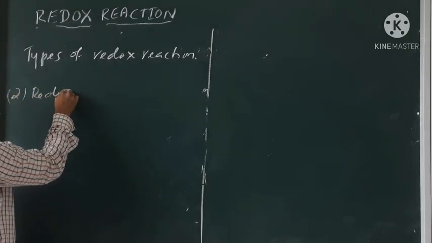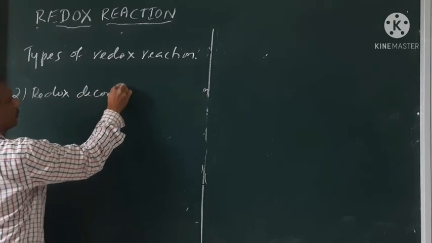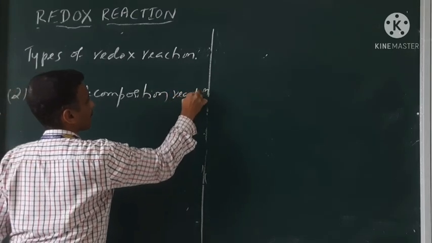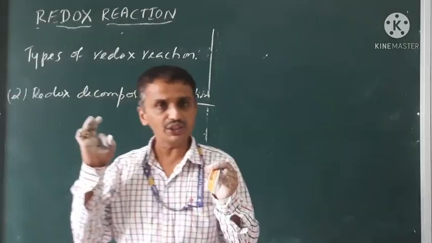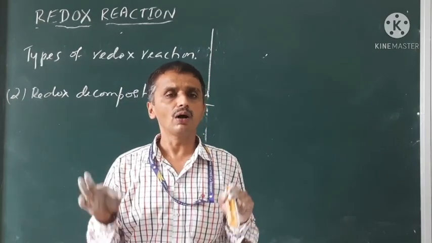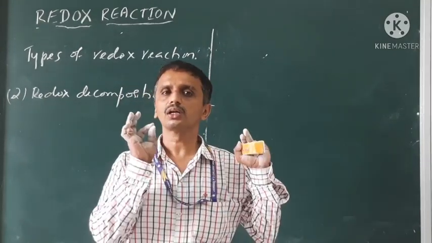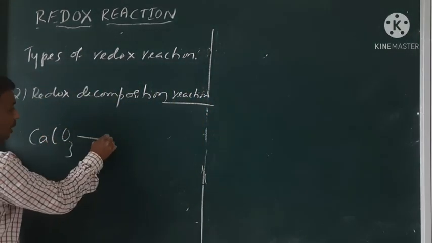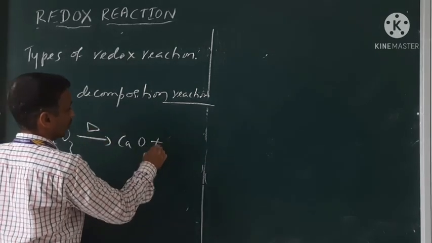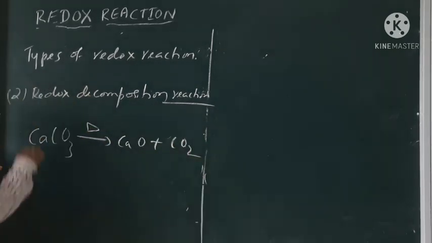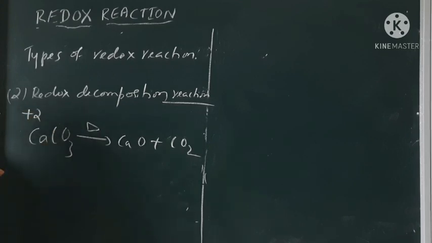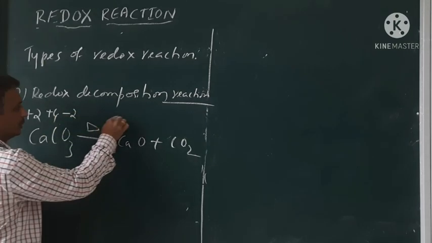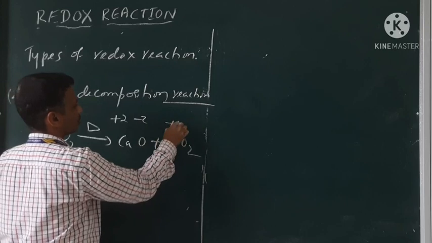Redox decomposition reaction. This is the decomposition reaction. Remember, all decomposition reactions are not redox decomposition reactions. Here, calcium carbonate on heating gives calcium oxide and carbon dioxide. Calcium is plus 2, carbon is plus 4, oxygen is minus 2.